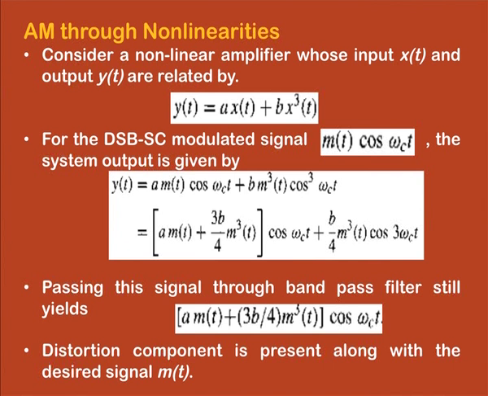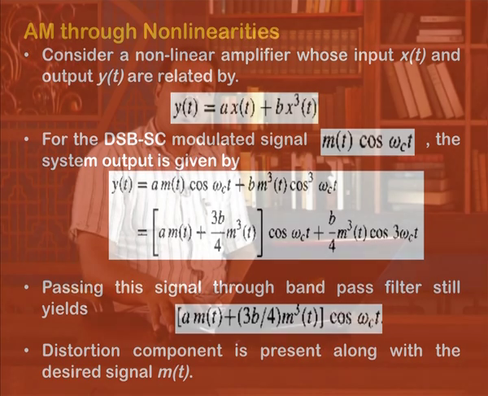So, if a similar kind of band pass filter is used here, we will get at the output of the band pass filter a m(t) plus 3b by 4 m cube(t) times cos omega c t, and we can see that the envelope of this signal has a distortion because there is a m cube(t) term along with the desired term m(t). So, amplitude modulated signals, when they pass through a nonlinearity, have distortion, whereas when FM or PM signals are passed through a nonlinearity, by use of a band pass filter we can get rid of all the distortions which are introduced.